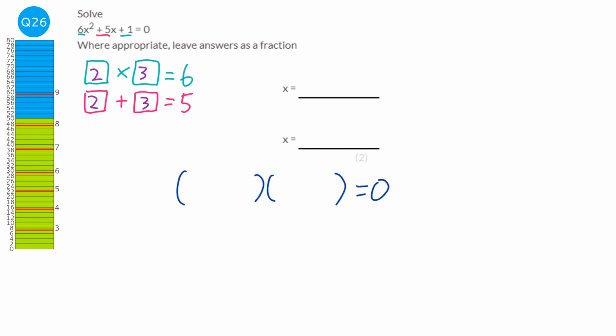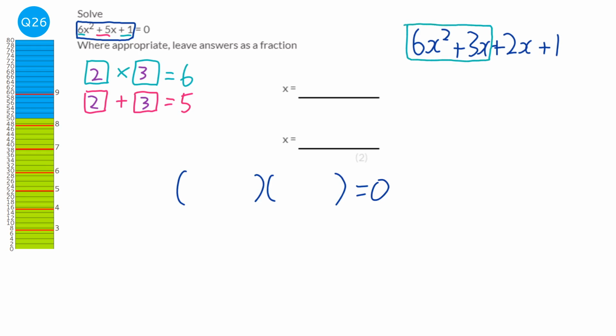And we're just going to rewrite the quadratic, but instead of the plus 5x, we're going to write plus 3x plus 2x, or the other way around. Doesn't matter which way around. Then we're going to factorise linearly the first couple of terms, and then do exactly the same thing, factorise the second two terms.